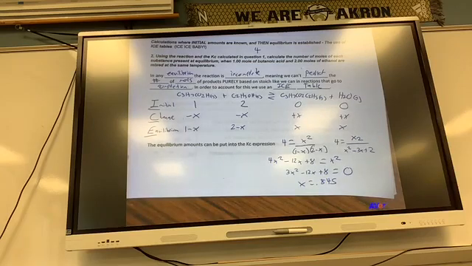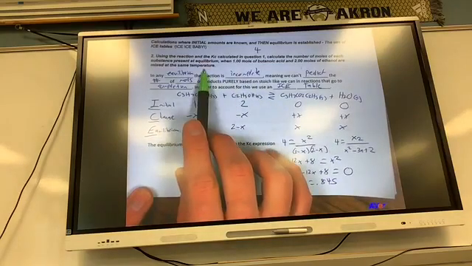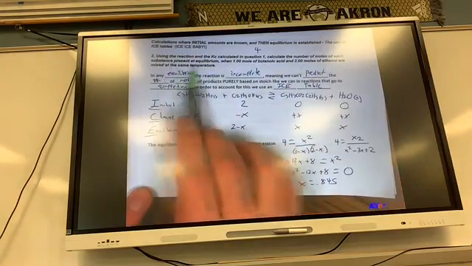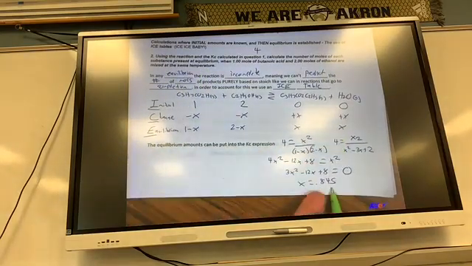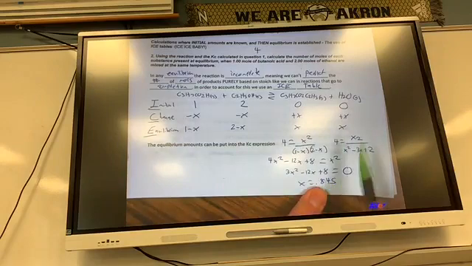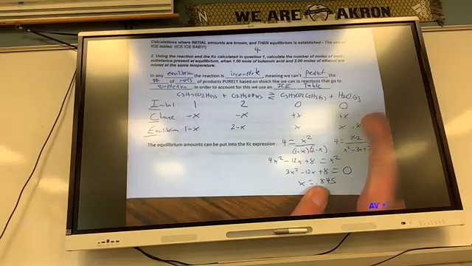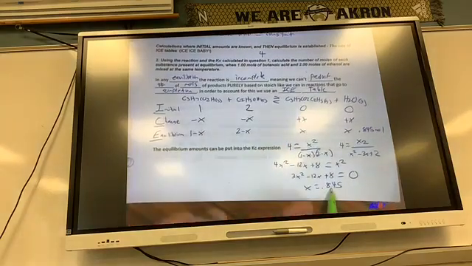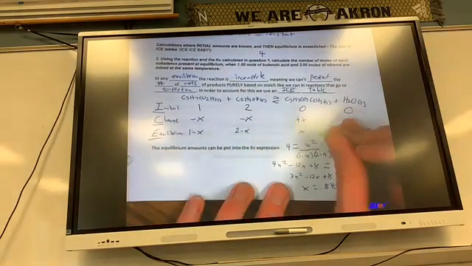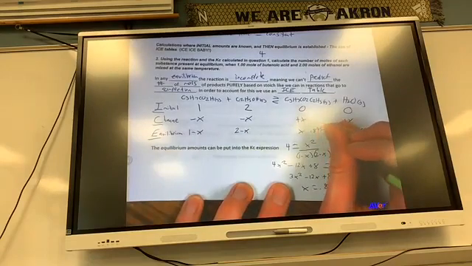Okay, so now we're not done. We haven't answered the question yet. X is 0.845. They asked me the number of moles at equilibrium. So my number of moles of water at equilibrium is going to be 0.845. My number of moles of ethyl butanoate is going to be 0.845 moles.